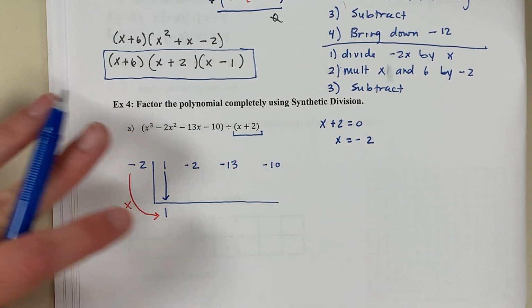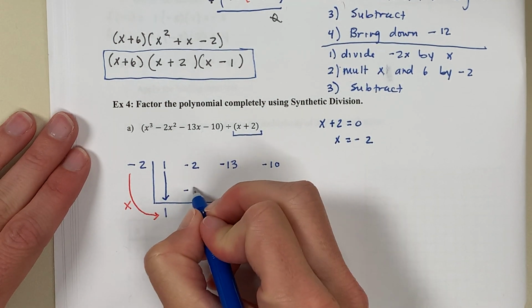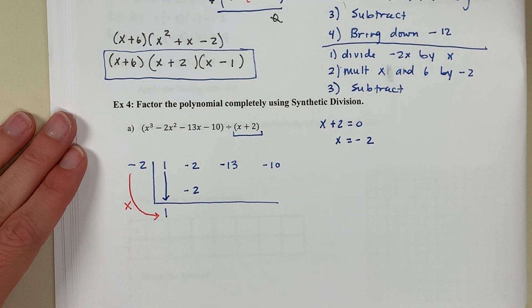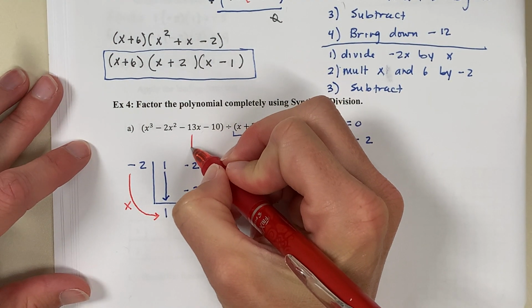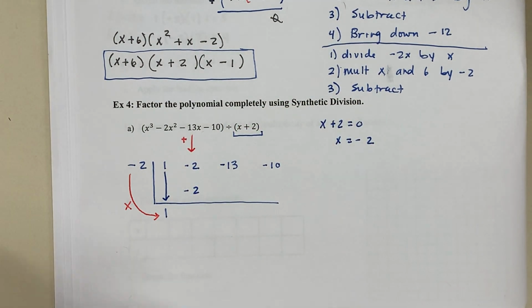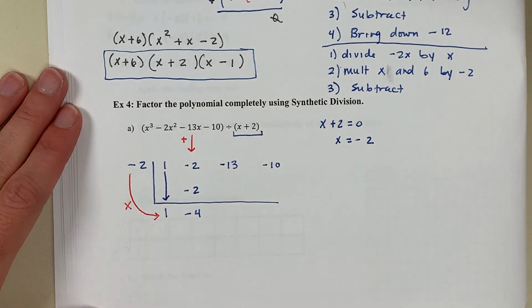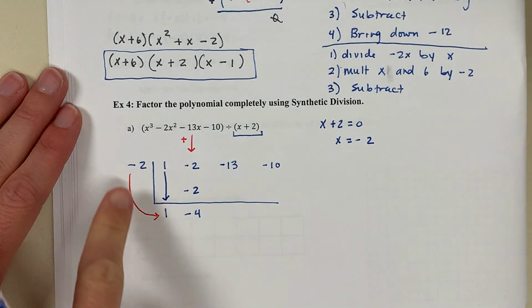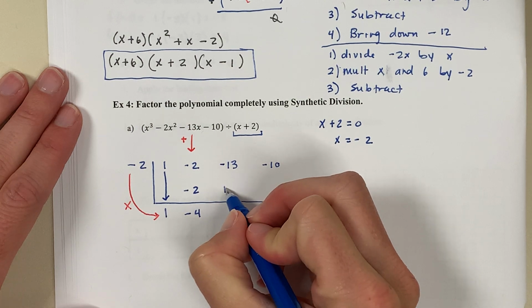So -2 times 1 is -2, and I'm going to place that below the next term. Now, looking down that column, I'm going to add those two numbers together. -2 plus -2 is -4. Then I multiply. -2 times -4 is +8.